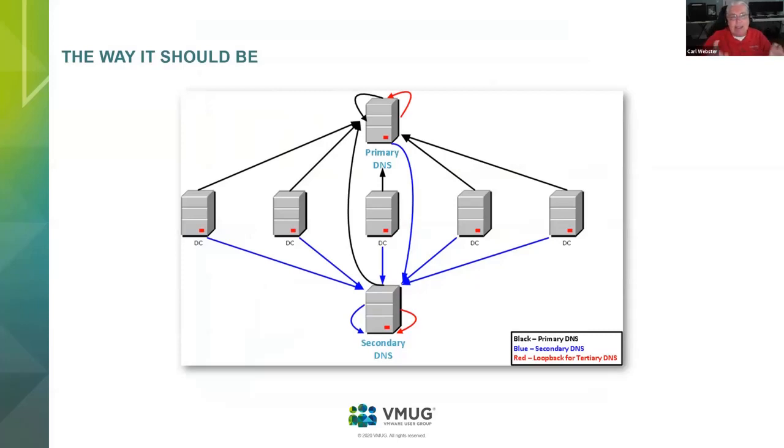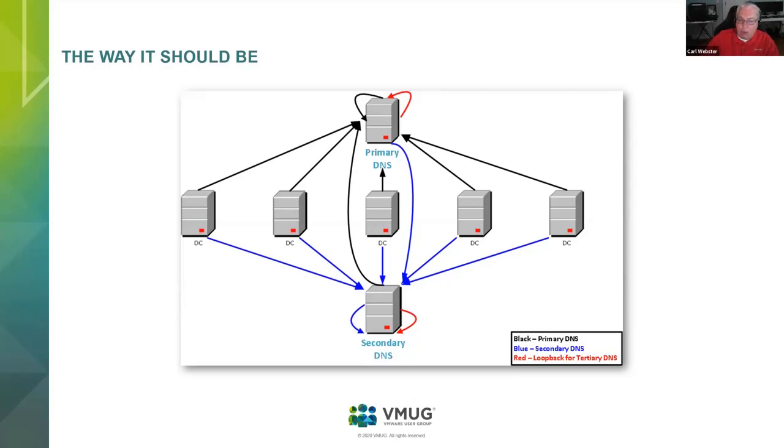Now, there is not any one way to do this. What you need to do is pick a standard and stay with that standard. So I recommend that the domain controller that hosts the PDC emulator FSMO role, because it is your most stable, reliable domain controller, and you've also configured it as your DNS scavenging server, is used as the primary DNS server for all domain controllers.